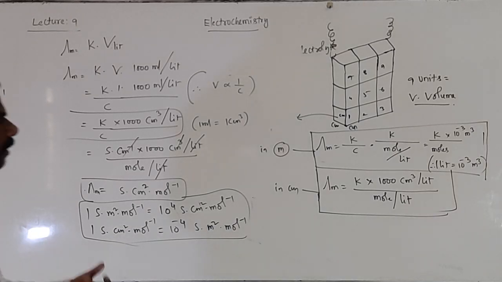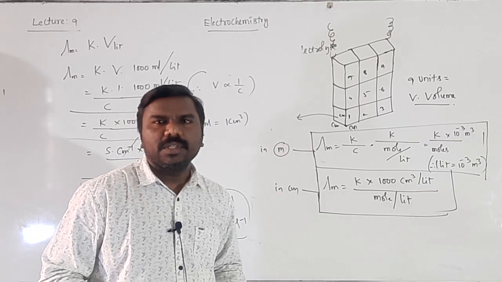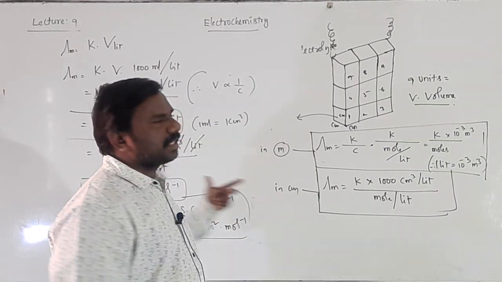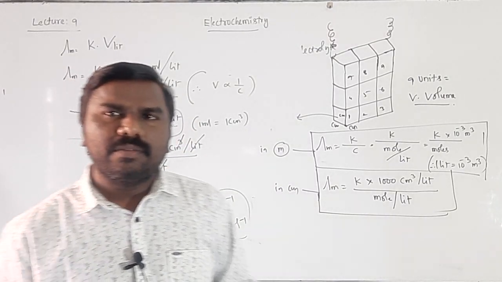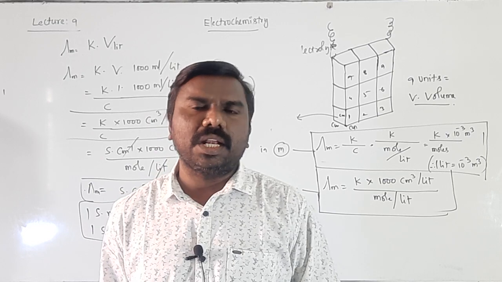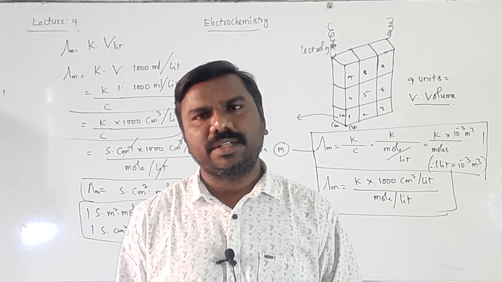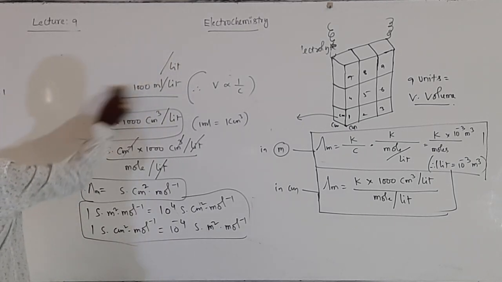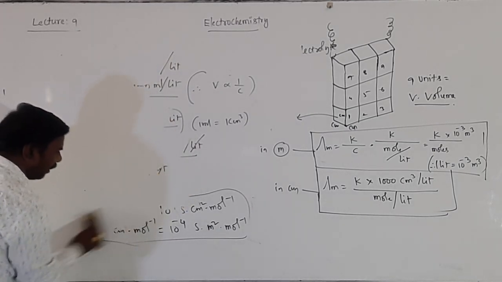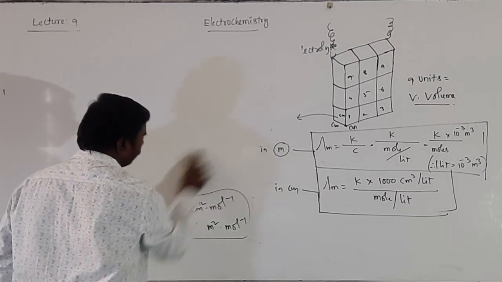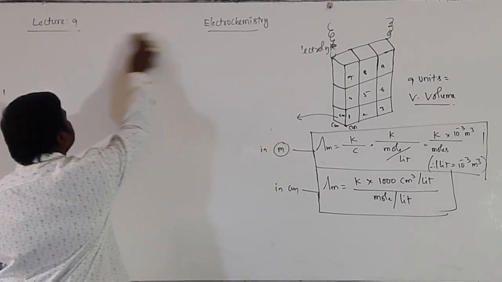Now before moving to the problems, we will discuss how to vary specific conductance with dilution and concentration, how to vary molar conductance with dilution and concentration. Now first one, variation of specific conductance.